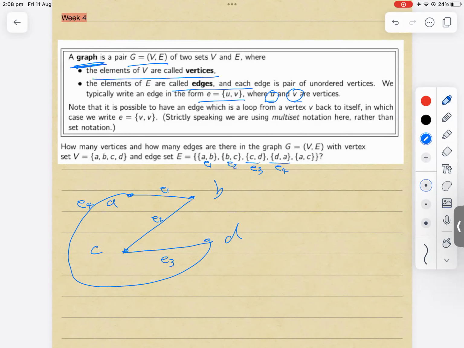I have AC. So E5, E5. Definitely I can do this one as well. So there is no edge here.